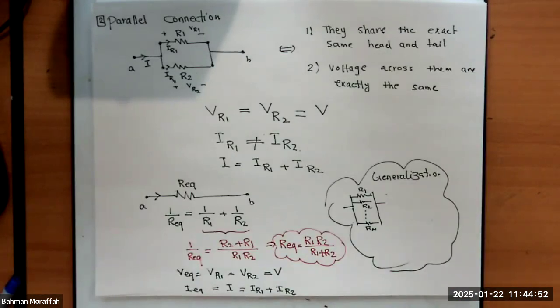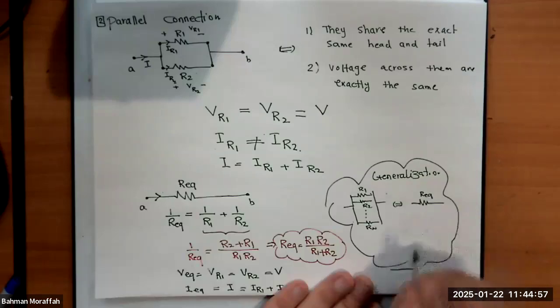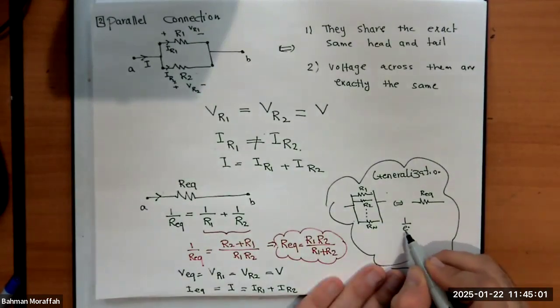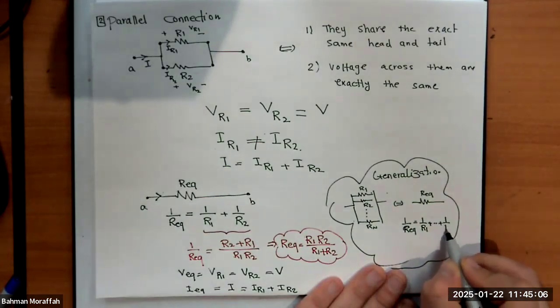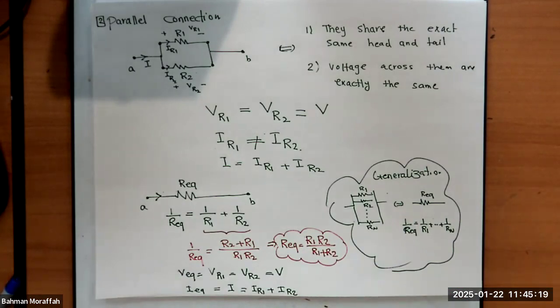I can replace this by one R equivalent, and this R equivalent is computed using this formula. Again, whatever we said over here holds true over here. Voltage across R1 is the same as voltage across R2, all the way to voltage across Rn, and that's exactly the same as the voltage across this R equivalent.